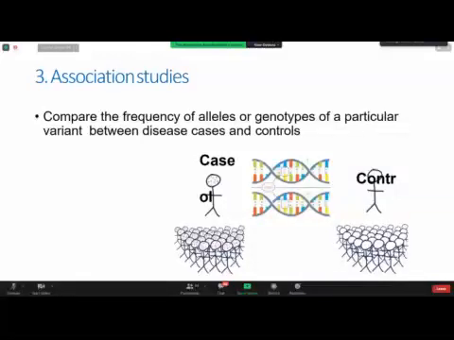Now, the problem here is that we know this is a common SNP. So if we take a normal individual without the disease, there is a difference in the allelic frequency, because of course not everyone has one SNP.